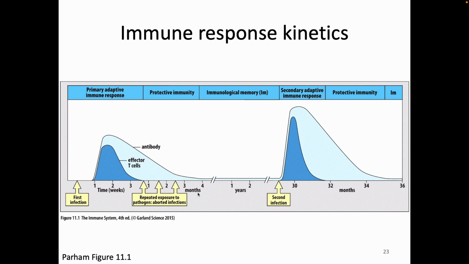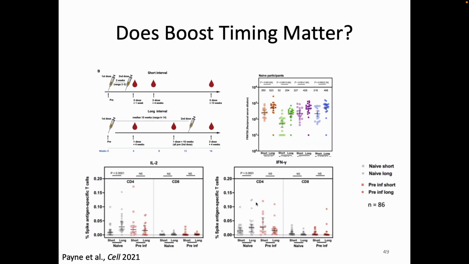And that is true. That is why they went with those times. But we have had some more time now, where people have actually been able to look at the difference between a short interval and a long interval. What happens if you actually do the boost later? They delay the boost for about 10 weeks. It's actually between 6 and 14, because this was in real people. They were studying what really happened with people.